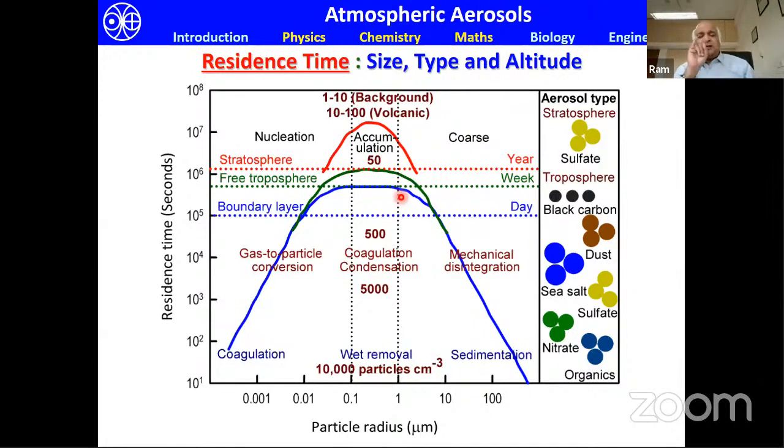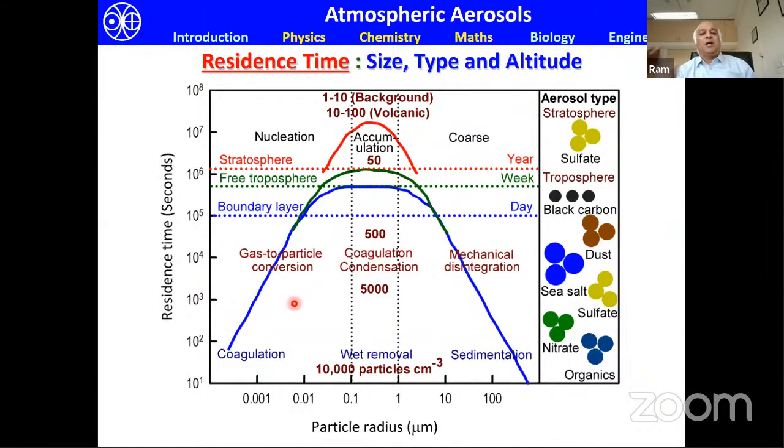So on the x-axis here is the radius of the particles. What you can see is that as a function of altitude, the size of particles present also keeps varying because of the processes present here.